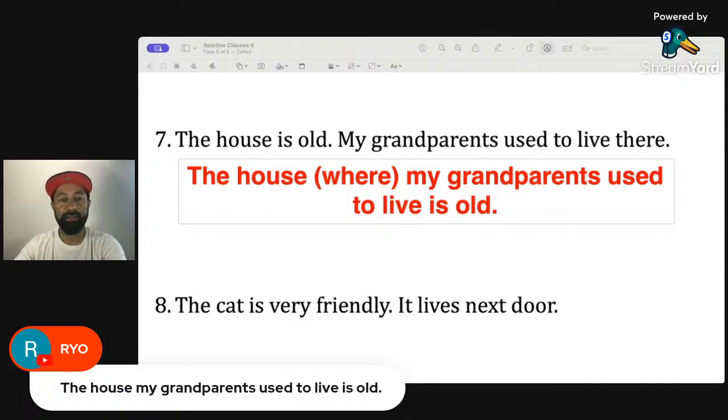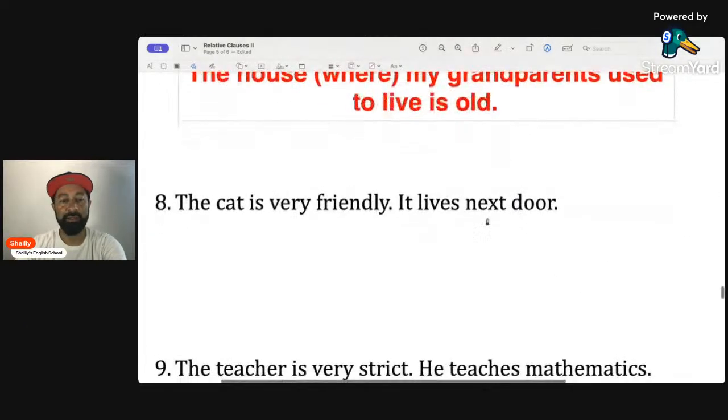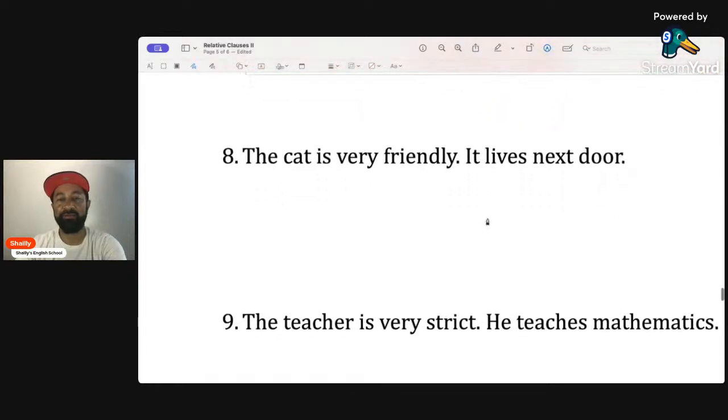Okay, let's move on to number 8. Number 8 is: the cat is very friendly. It lives next door. How do we join these two? The cat is very friendly.